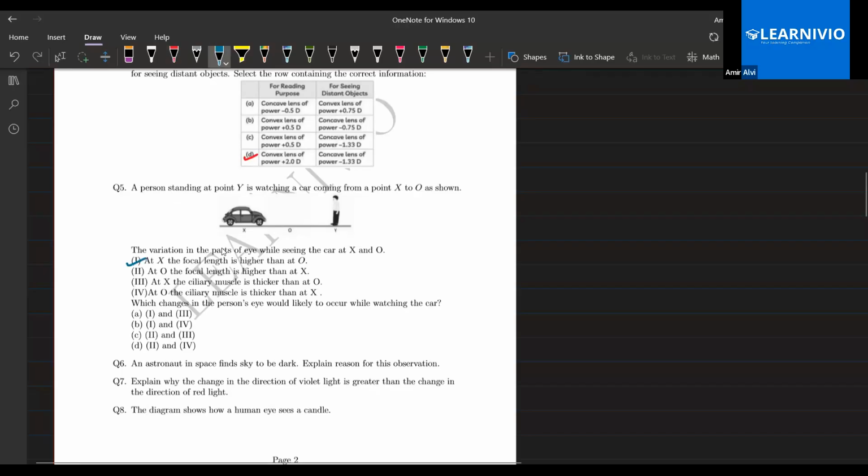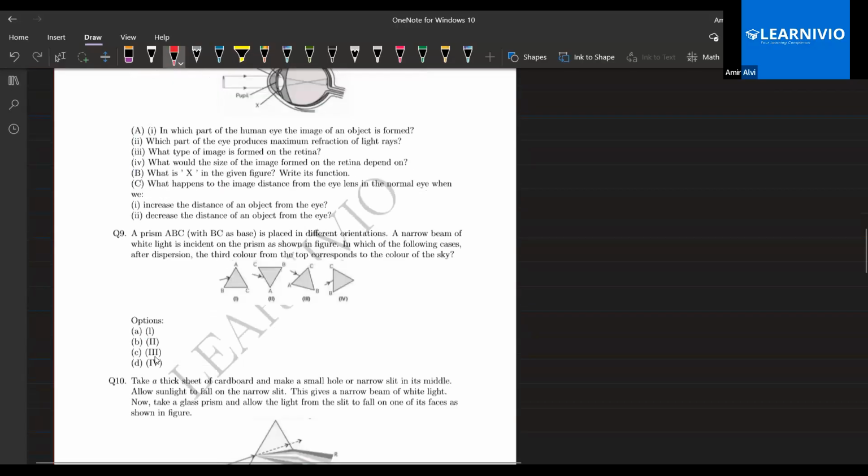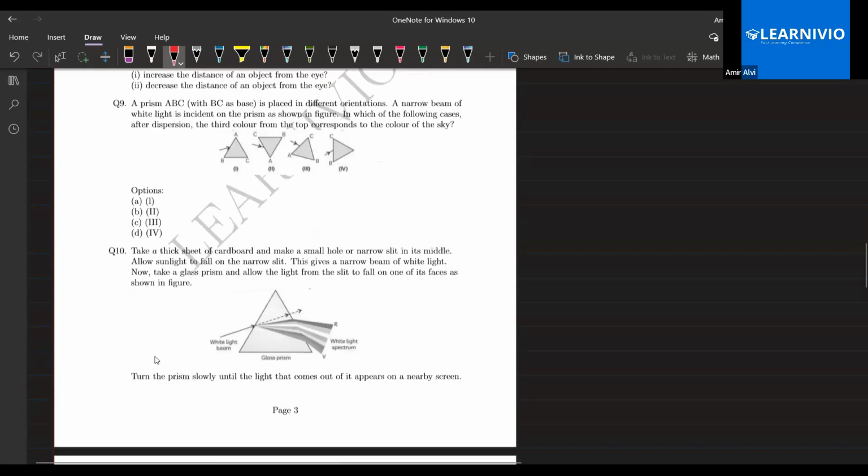Second, the focal length is higher at O than at X is wrong. The ciliary muscles are not thicker at X; at O the ciliary muscles are thicker than at X. Yes, fourth one is right. So options first and fourth are correct. Is that clear to all of you? Yes. Let me know the answer for the ninth one.